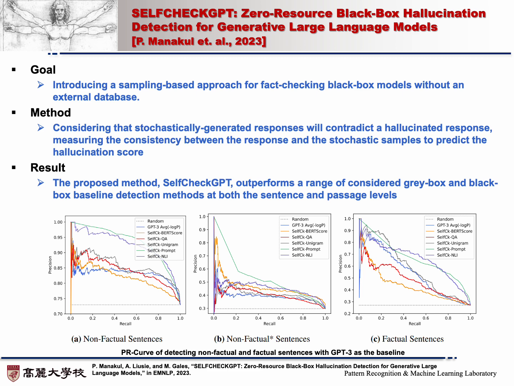And to sum up the outcomes, SelfCheckGPT not only outperforms several gray box and black box baseline detection methods, but does so across different granularities, be it at the sentence or passage levels.